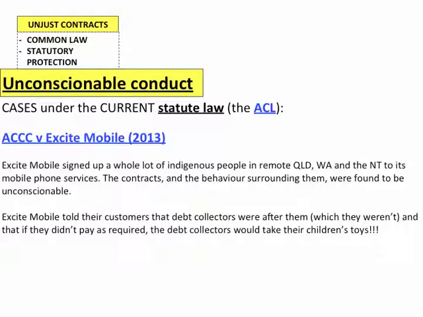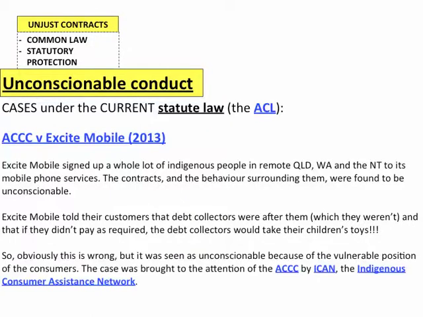So obviously that's wrong, but we don't really just go right or wrong, moral, immoral. It was unconscionable because of the vulnerable position of the consumers. Now, the only reason this case even came up was because there's a group called the Indigenous Consumer Action Network. Because Indigenous people are often taken advantage of, with the literacy skills and things like that they're struggling with.